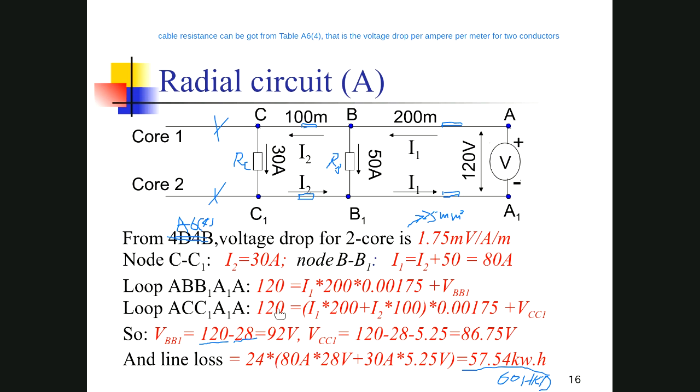Of course, this is a very simple example where we have just two loads on the same cables at different distances from the source. This is a very common way of power distribution in buildings. Of course, with the increase of high-rise buildings in Hong Kong, we have many loads far away from the source.